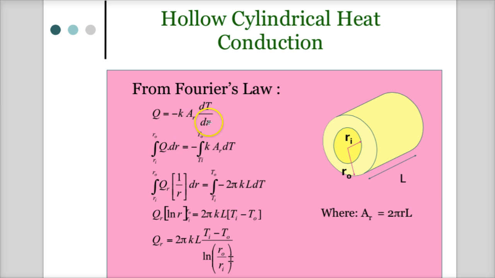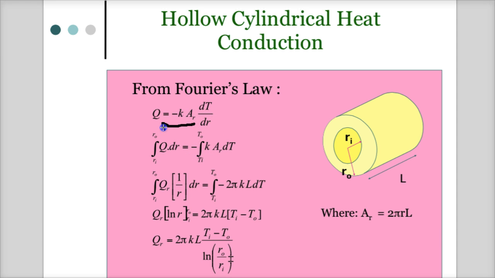So Fourier's law, and then dT over dr, because we use r here. r is what? What is the English for r? Radius. Malay is, can't remember, jejari. Anyway.